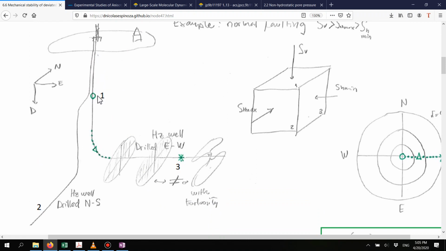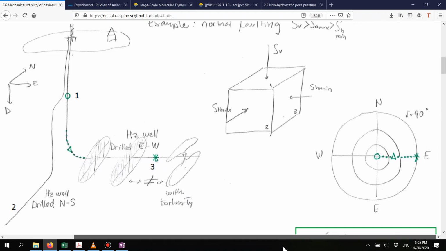Okay, so coming back to wellbore stability, if we wanted to calculate the wellbore stability of such a wellbore that starts vertical, then deviates and goes into horizontal direction, what we have to do is to evaluate the wellbore stability along all of these orientations.